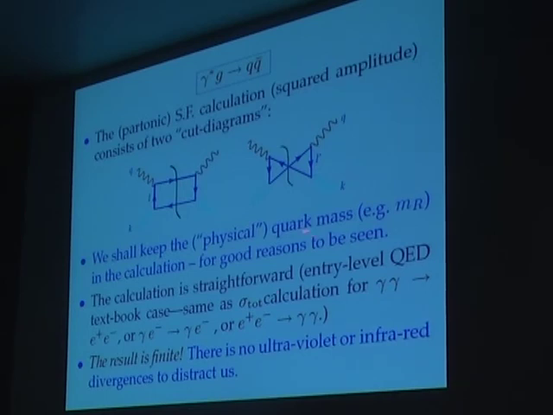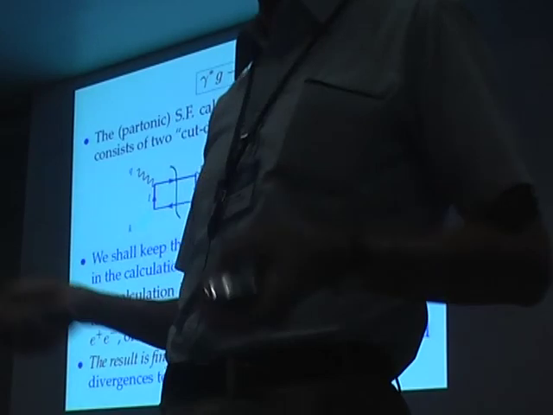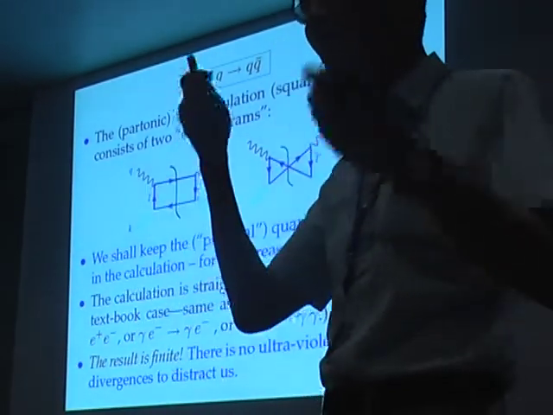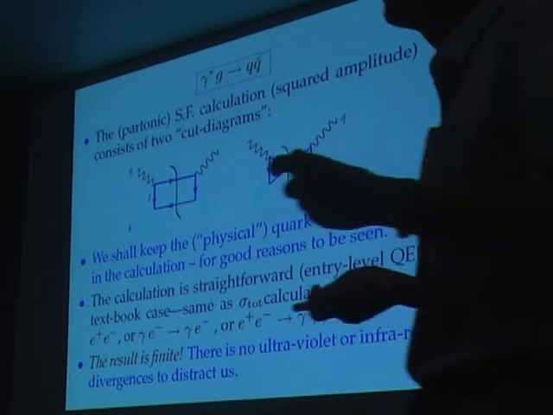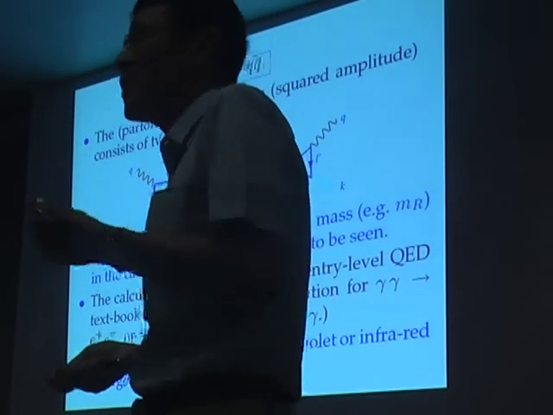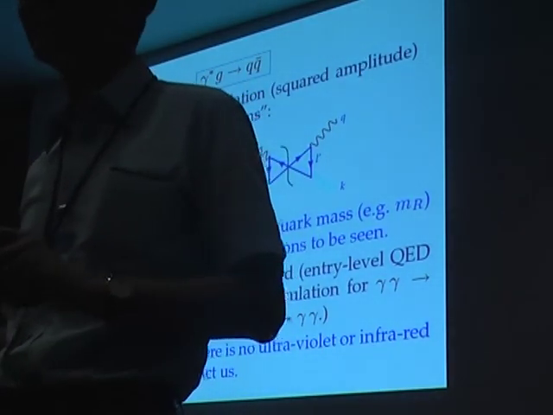Another reason for keeping the mass is that this has something to do later on with heavy quark physics, which I won't have time to talk about. The point I'd like to emphasize is that the factorization theorem that we ended up with, if you read it up in the textbook, is always proven with zero mass quarks.